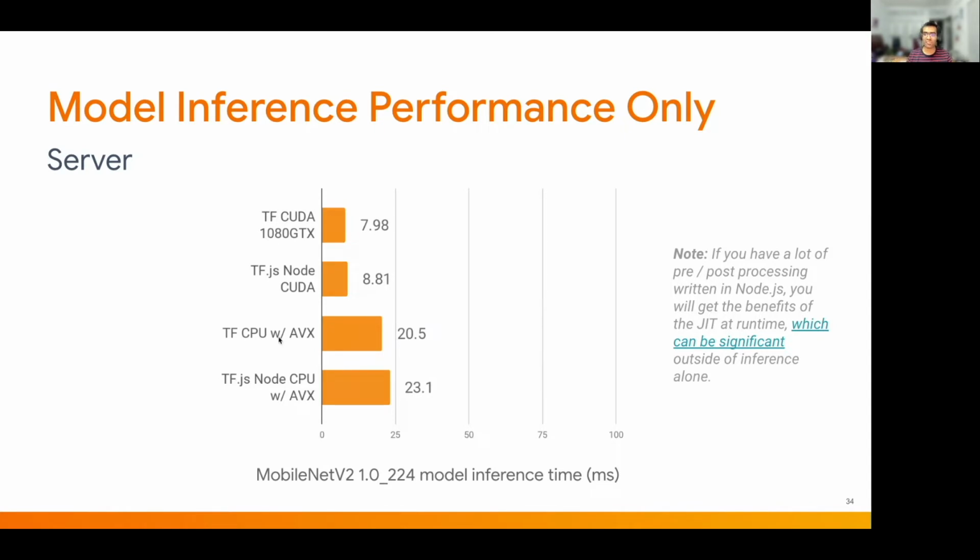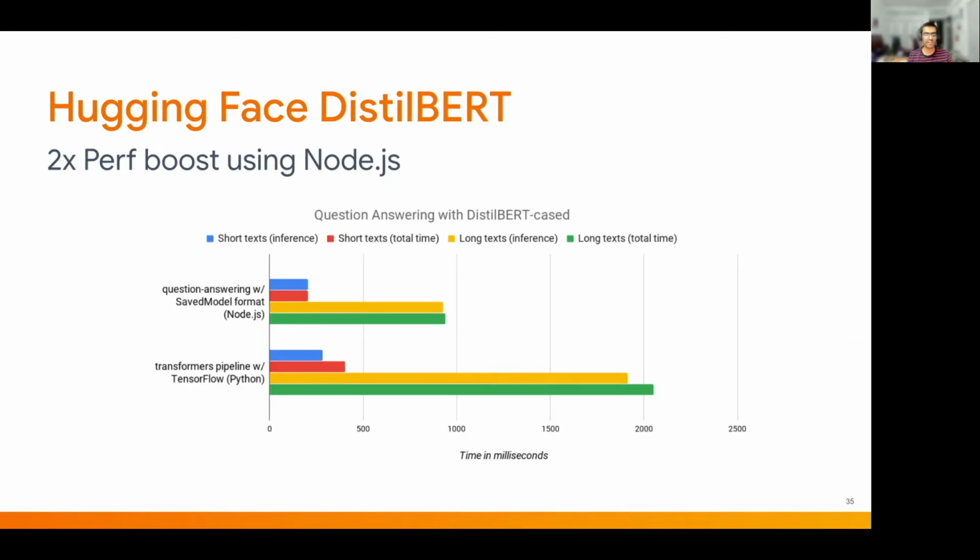One of the reasons for that is that Node.js uses just-in-time compilation, which helps improve the performance of your applications. And in some other examples, TensorFlow.js models perform way better than your normal Python-based models.